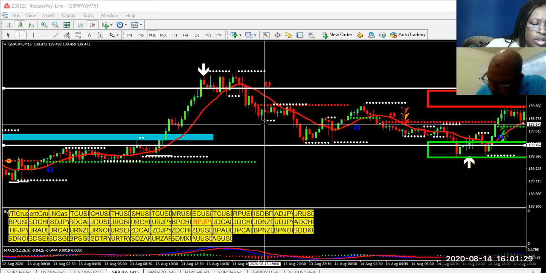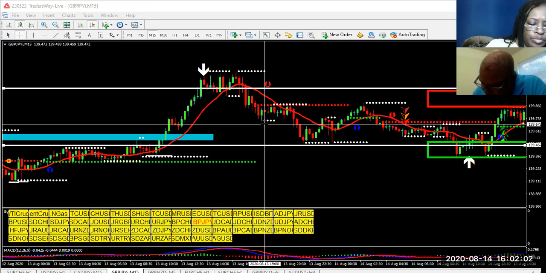The impulse consolidation, we did that. So your definitions: impulse is always in the direction of the trend. The impulse is the first move in that direction. So if it's bearish, the first bearish movement is the impulsive move.